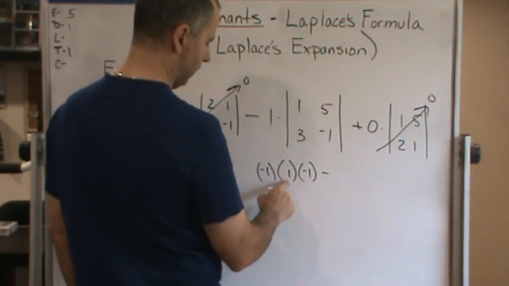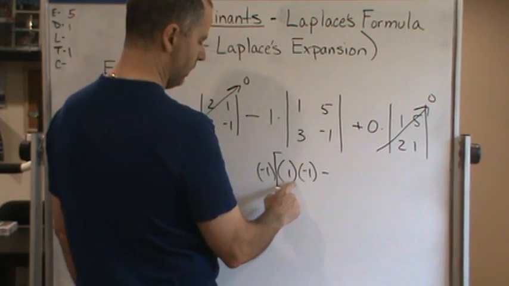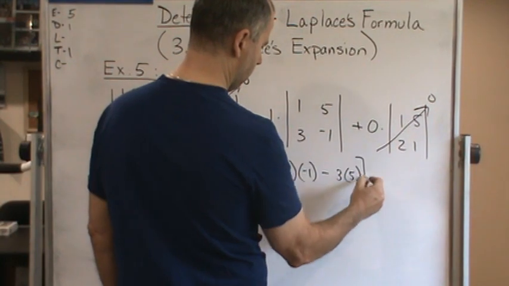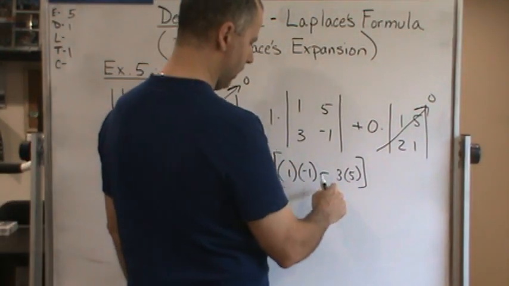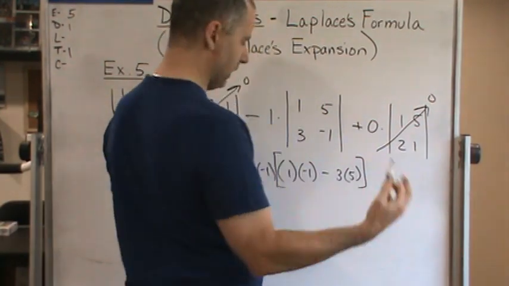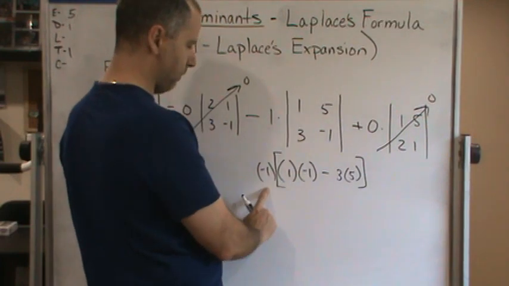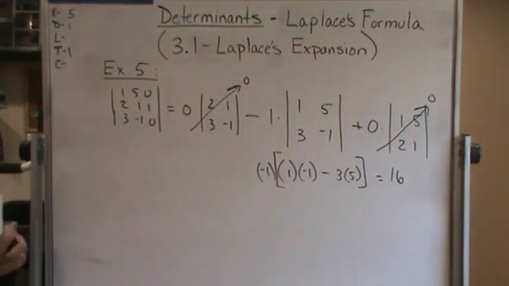So it's going to be 1 times negative 1 minus 3 times 5. And so this is going to be negative 1 minus 15, which is negative 15, or excuse me, negative 16. But because I'm multiplying by negative 1, it'll be positive 16.